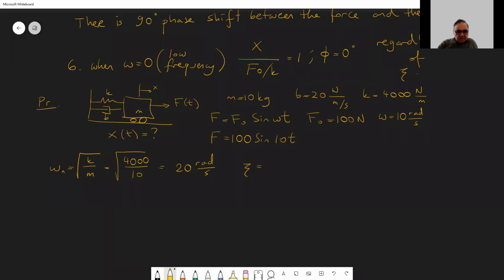The damping ratio zeta is B over B critical, or 2 root mk, or you can write this as B over 2m omega n. M is 10, omega n is 20, so it's 20 over 400, so it is 0.05. Well, low damping.